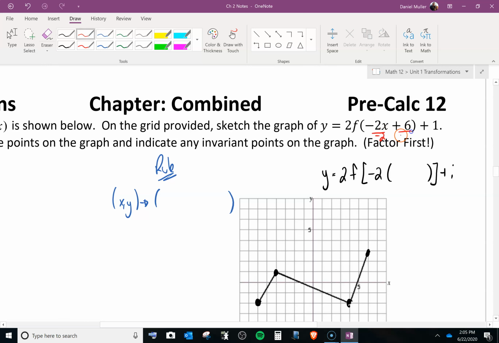It says factor first. So -2 over -2 is just an x, a 1x, and 6 divided by -2 is -3, plus 1. So our rule for this, for the x's, it says times by -2, so I will do the opposite. I'll divide by -2. It says -3, so I'll do the opposite, and I'll add 3. The y stuff is on the outside. It says times by 2 and plus 1, so I'll do that. 2y plus 1.